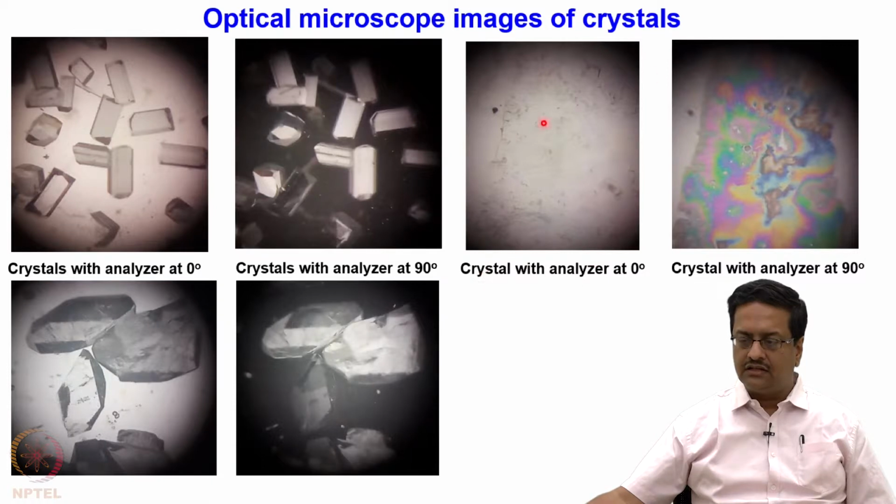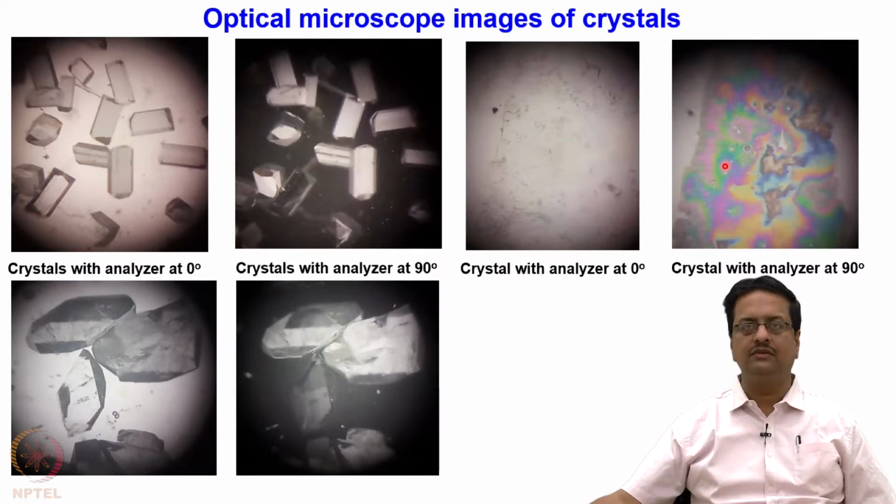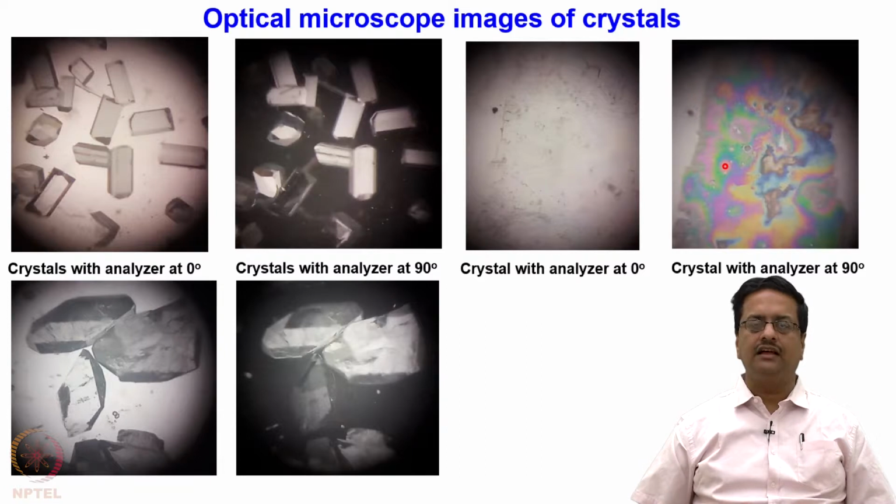Here in the case of the right hand side crystal, as we have seen, when the analyzer is at 0 degree, the crystal is transparent, but when we rotated the analyzer by 90 degrees, it shows multiple colors, indicating that there are different domains in which the crystal unit cells are oriented.